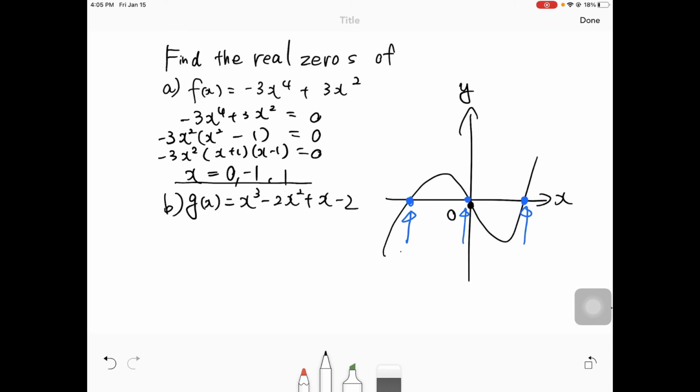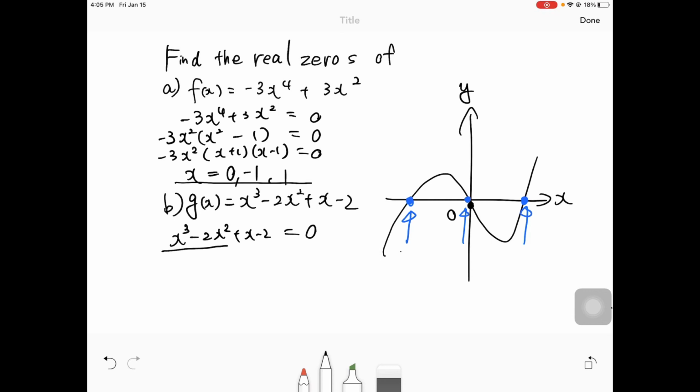Okay, the next one, g of x equals x cubed minus 2x squared plus x minus 2. So what you do is the same. You plug in 0 into g of x: x to the power 3 minus 2x squared plus x minus 2 equals 0. Then you have to factor them. It's a bit tricky to factor this one.